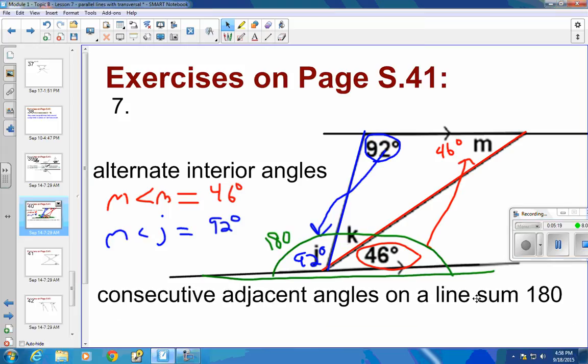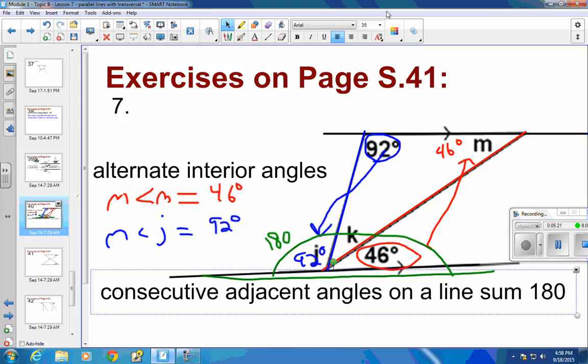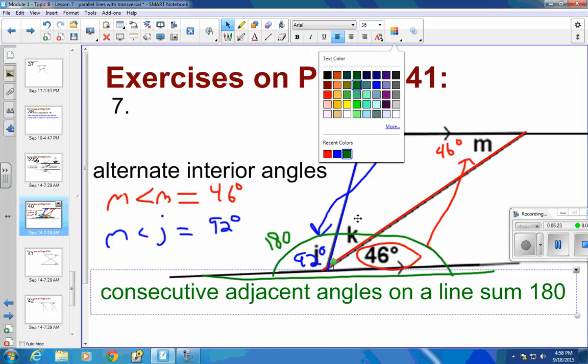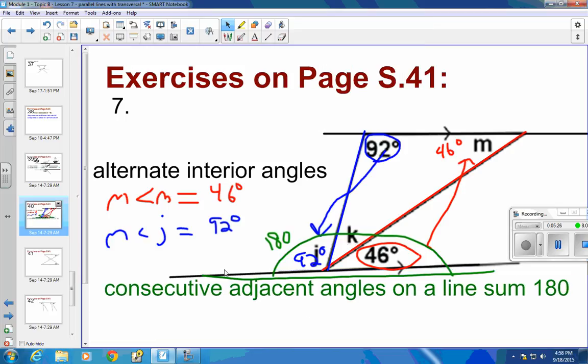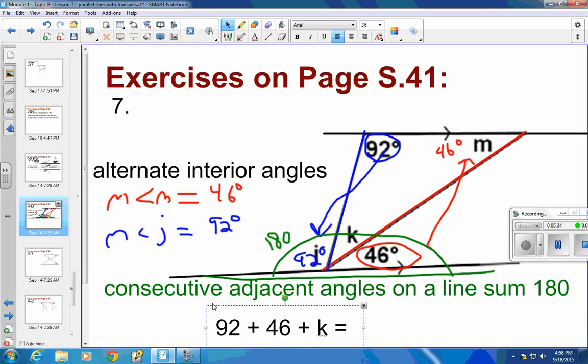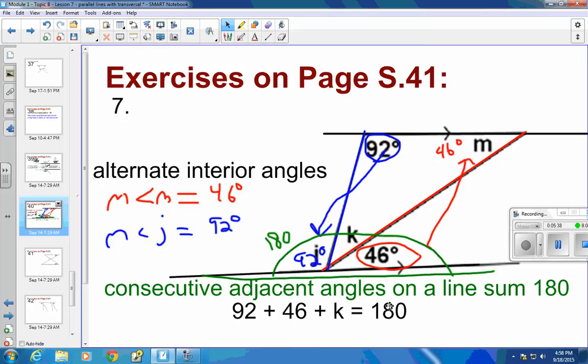So we have that reason there for the green. That means the 92 plus the 46 plus the K has to be equal to 180. Right? All three of those angles added together gives you 180.